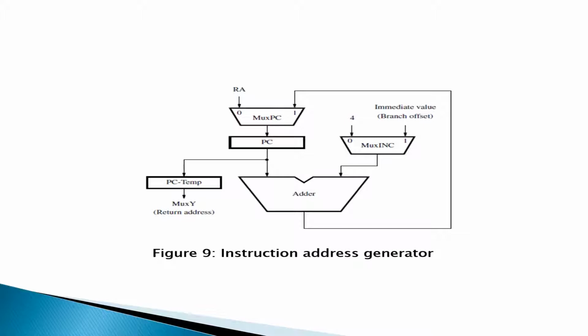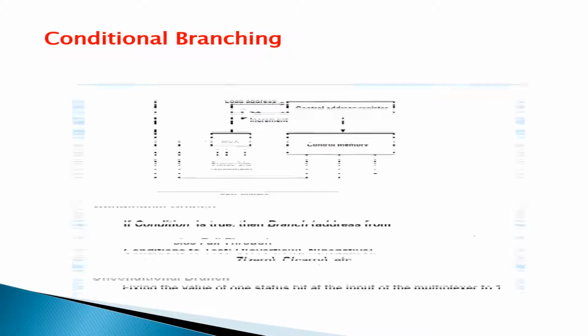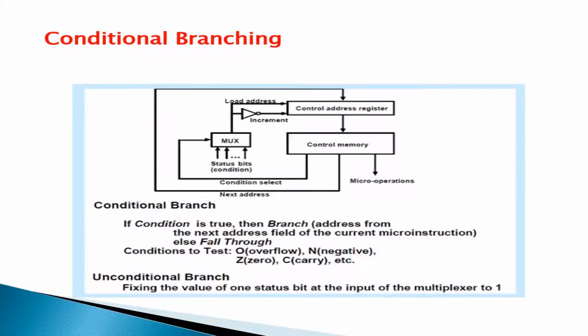Conditional branching. Conditional branching involves instructions which transfer control to some sequence of instructions when some condition is fulfilled. For instance, consider the following instruction: branch if R5 is equal to R6, loop. The result of the comparison determines if the branch is taken.